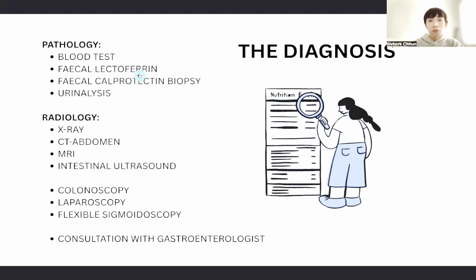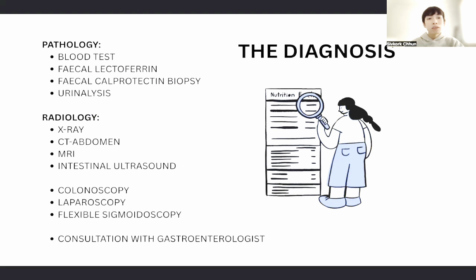And then fecal lactoferrin or fecal calprotectin is a stool test to collect the stool culture and examine it under a microscope to observe any inflammation or infection in the stool. And urinalysis is a urine collection pathology test, again to observe any infection in the urine sample.